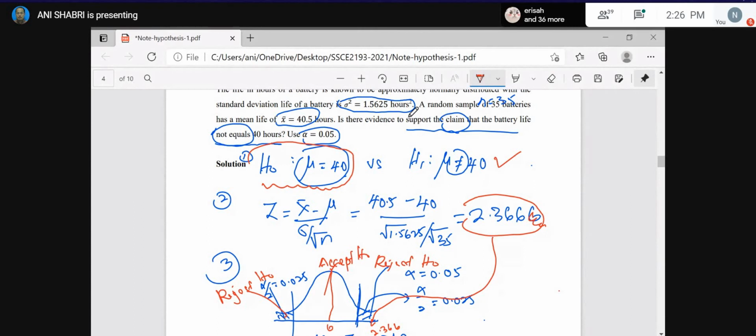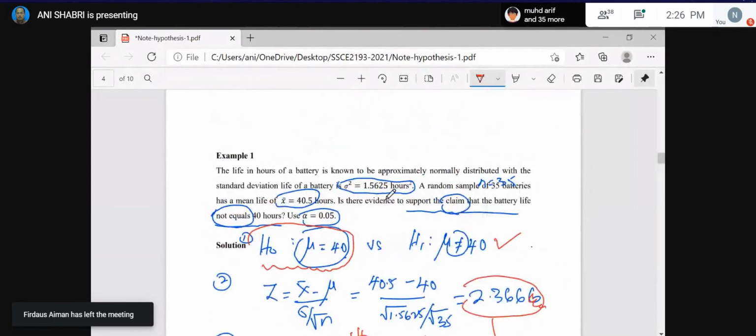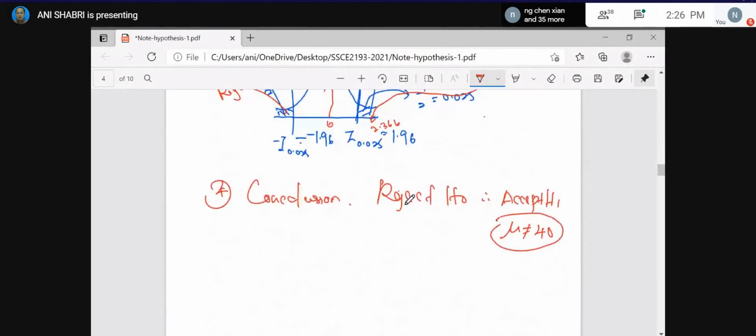In this question, we claim that the battery mean life is not equal to 40 hours. From the calculation, we get mu still not equal to 40. So what is the conclusion? We support the claim. Why?